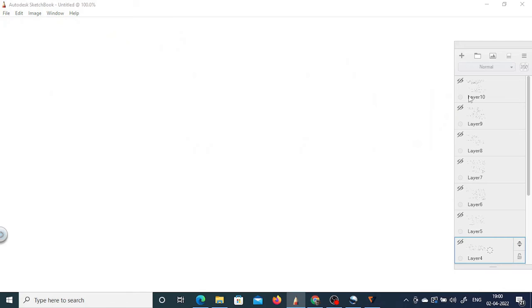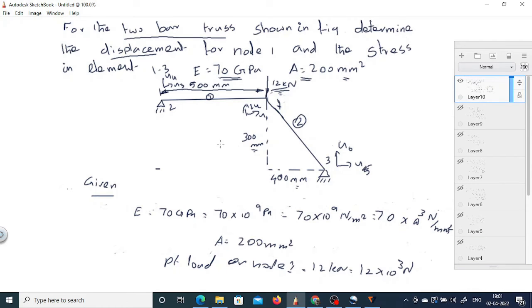According to our problem, the second node and the third node are fixed, but the first node is only free, so u5, u6 are 0, u3, u4 are 0, but u1 and u2 only have values. The displacements are not having any boundary conditions, because u1 has a value, u2 has a value, u3 is equal to 0, u4 is equal to 0, u5 is equal to 0, u6 is equal to 0.